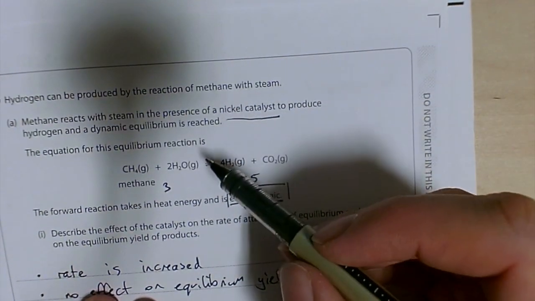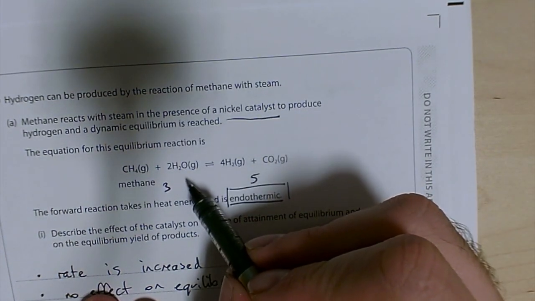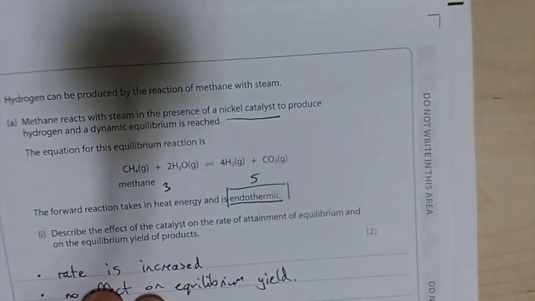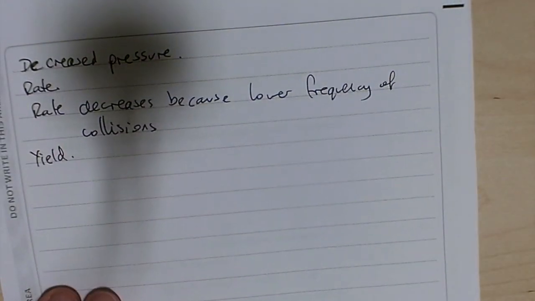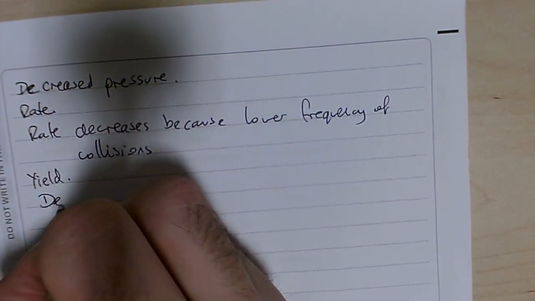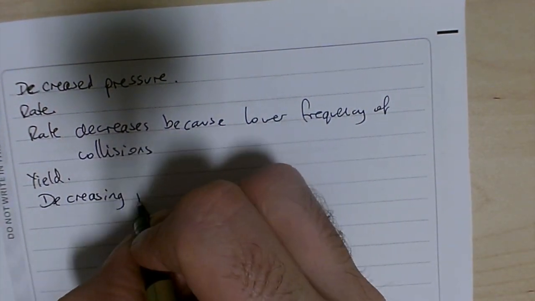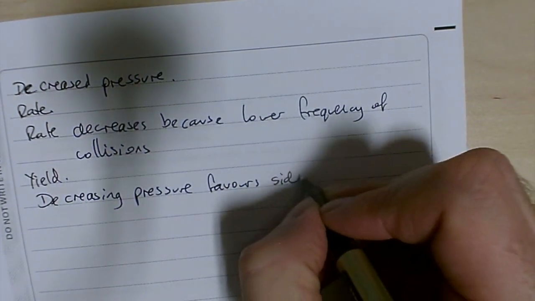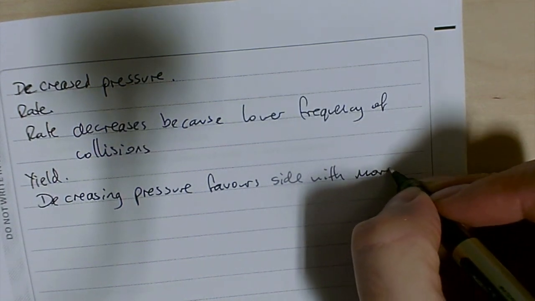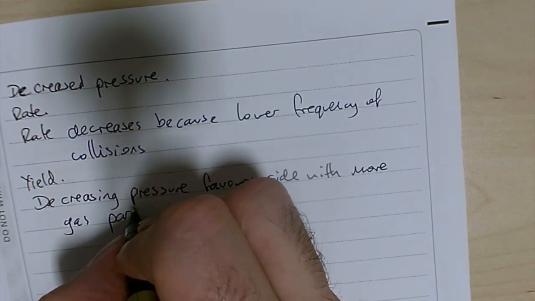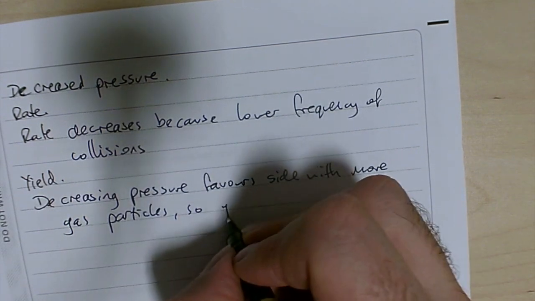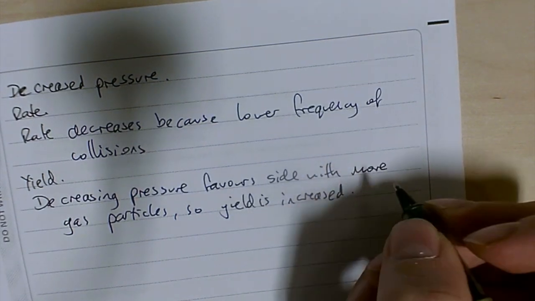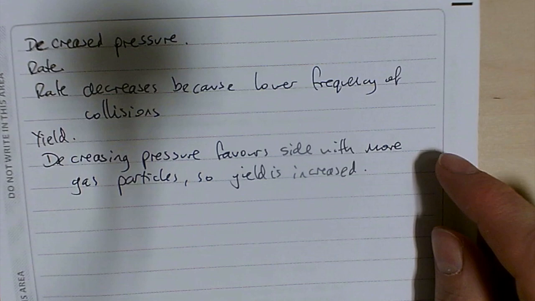So if we decrease the pressure, we're going to favour the side with more gas particles, which is the right-hand side, and so therefore the yield is increased. So decreasing pressure favours the side with more gas particles, so yield is increased. And that's all you would need to get your 6 marks.